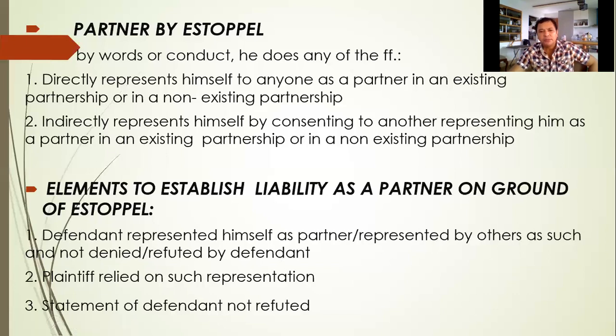So there's a false representation and he did not deny or refute. Number two, the plaintiff relied on such representation. So the plaintiff has relied or believed that this person is making a true representation.